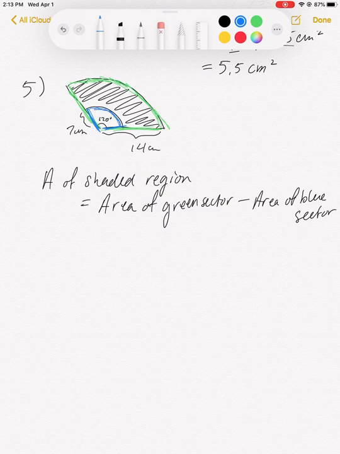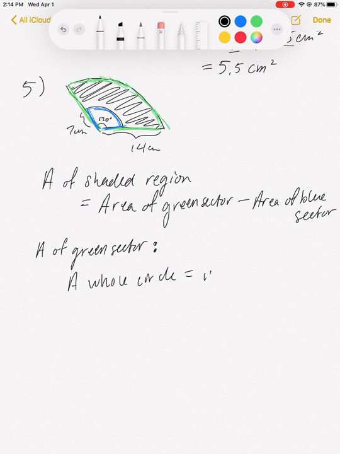Okay. All right. So let's go ahead and try and figure out the area of the green sector. The area of the green sector is a part of the area of a whole circle. So we're finding the area of the whole circle as pi r squared, which is equal to pi as 22/7 times the radius, which is 14 centimeters squared.